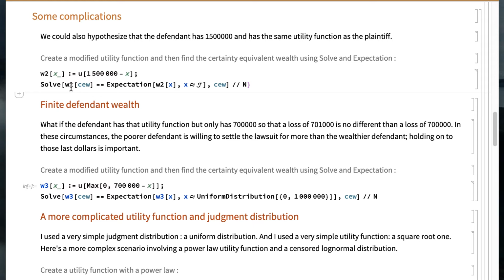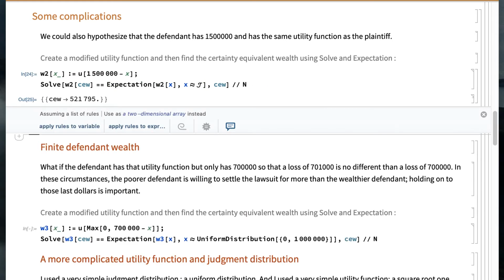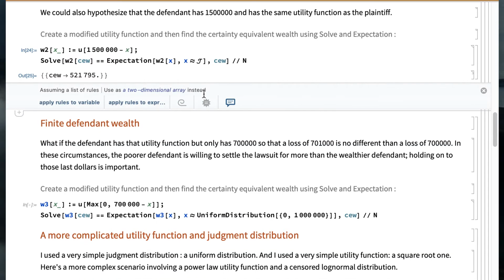And what we want to compute is that level of wealth which, if held with certainty, would be their expected utility given that X was distributed according to that judgment distribution, that uniform distribution that I showed you earlier. So if we compute that, we get $521,795. So that's another way of going about it.